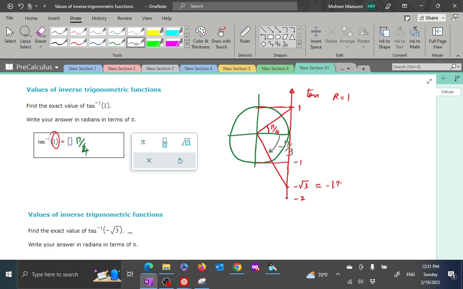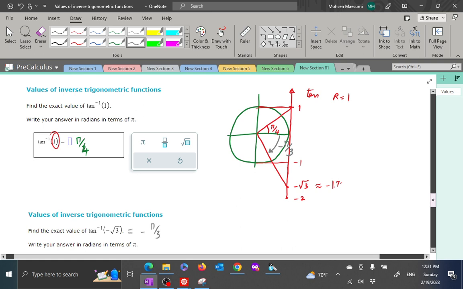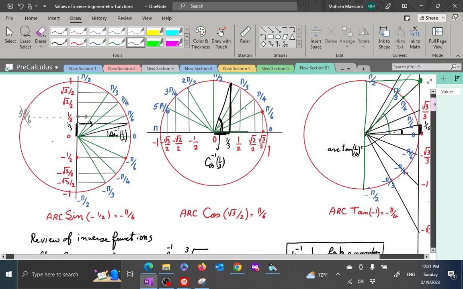Minus pi over 3. So again, the idea for tangent, let's go back up here: arcsine is going to go from minus pi over 2 to pi over 2. Arccosine is going to go from angle 0 to pi.